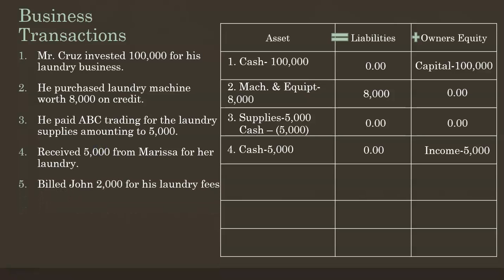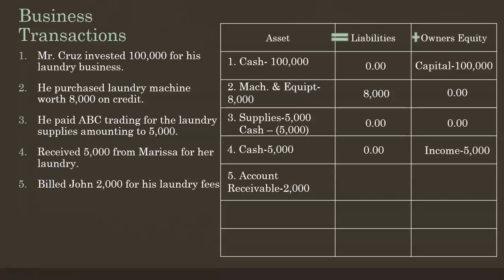Let us try transaction number 5. Billed John 2,000 for his laundry fees. Billed, meaning John had his laundry done by Mr. Cruz but has not yet paid, because Mr. Cruz billed John. So, what does Mr. Cruz have from John? Accounts receivable.